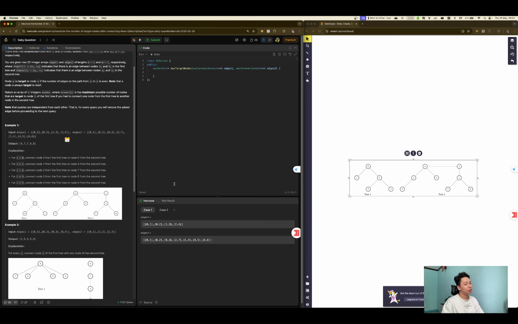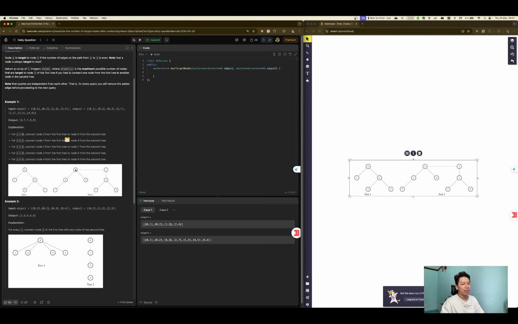So what's different here? The main idea is the same as the previous problem. First we need to find the node in tree two that is a target to as many other nodes as possible, so we can easily connect a node from tree one to that. Also on tree one, for each node we need to find how many nodes it targets.